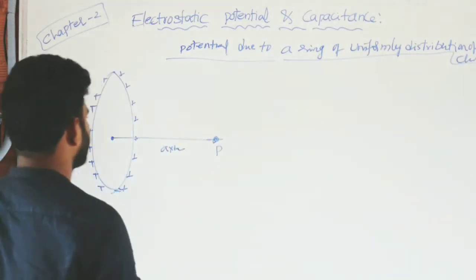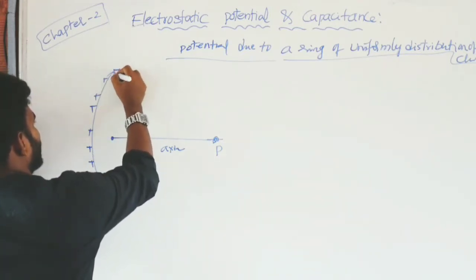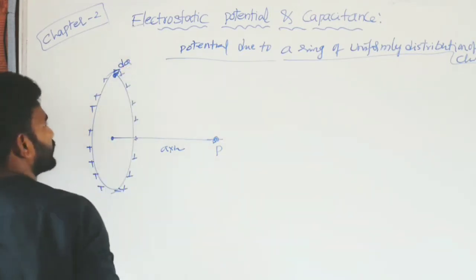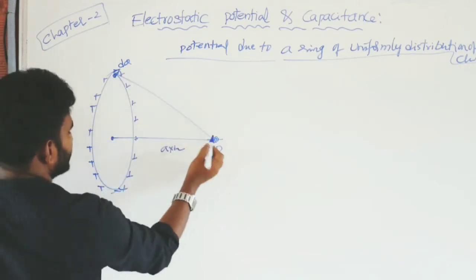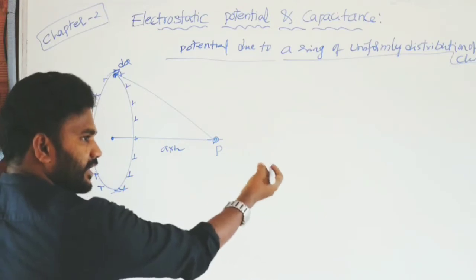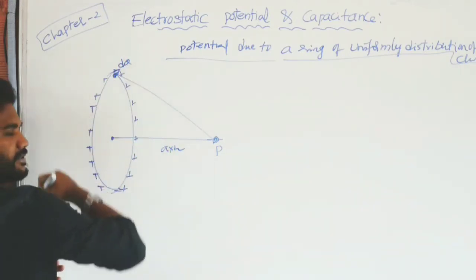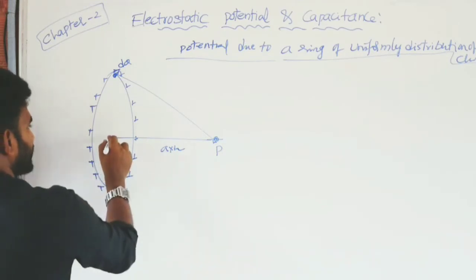How to find it? Let me consider a small charge dq. What is the distance between here and here? It is three-dimensional, the ring is like this, so you should understand three-dimensionally. This is the center of the ring.